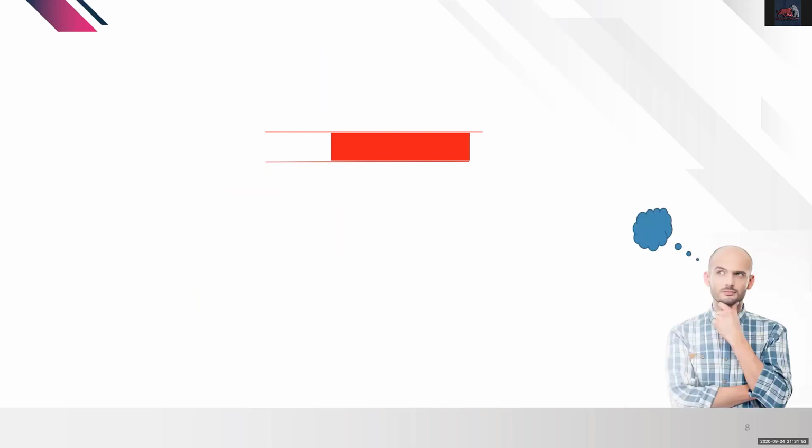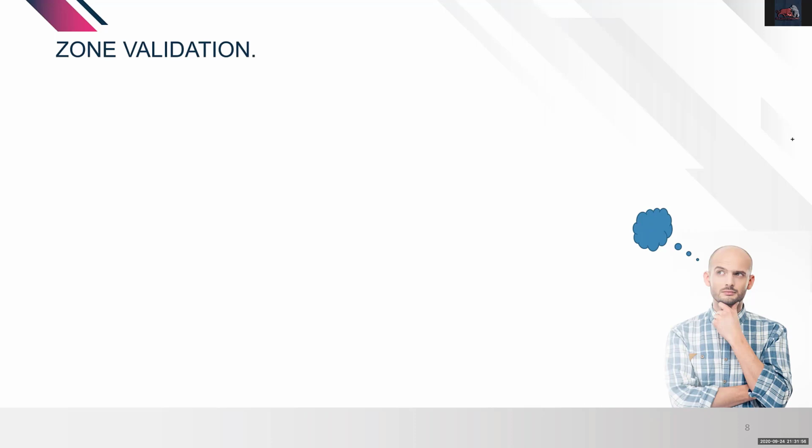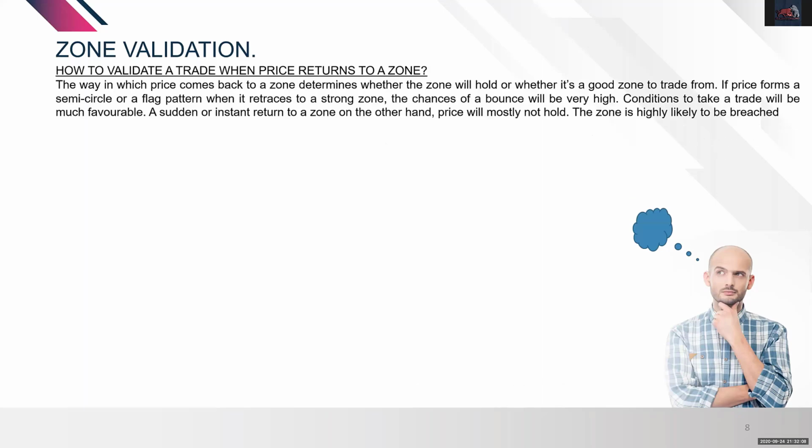So now, how then do you validate a proper zone to say, okay, if market does come back to this zone here, I'm going to trade this zone? There are three criteria that we use to validate a zone that you can trade from. The way in which price comes back to a zone determines whether the zone will hold, or whether it's a good zone to trade from.